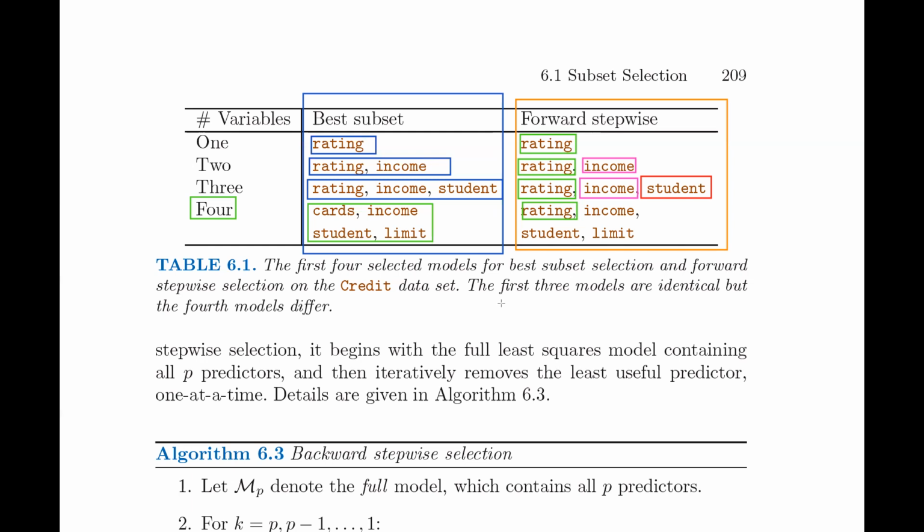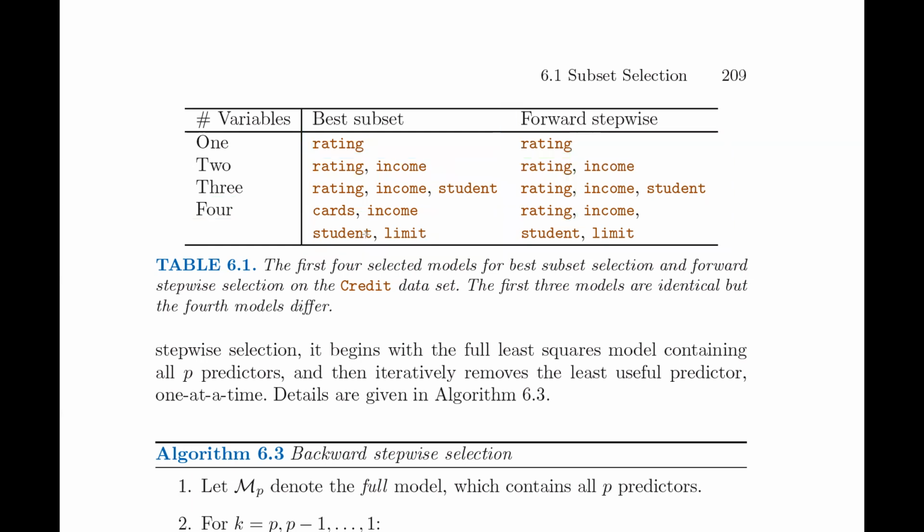So what we're saying is this red compared to this pink, the red is actually better than the pink. It is better to have cards as opposed to having rating. Now, it might be a minor difference, so the impact might be minimal, but these are things that can happen.